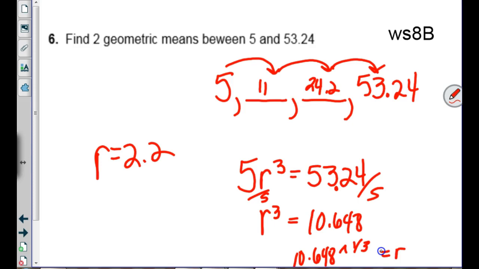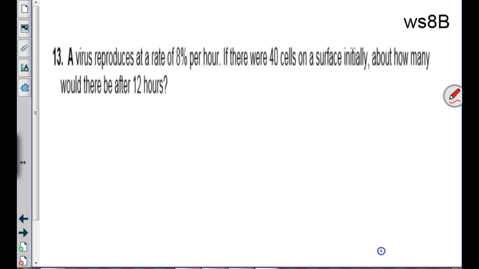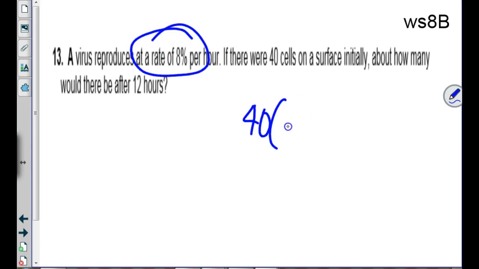Questions? All right. Number 13. Everybody gets this one wrong, and it's so easy, guys. It says a virus reproduces at a rate of 8% an hour. If there were 40 cells on a surface initially, about how many will there be after 12 hours? So this is really the initial amount. It's growing, so it's 1 plus 0.08. Remember this from this chapter? We did them on some homework too, but you can just put 1.08.